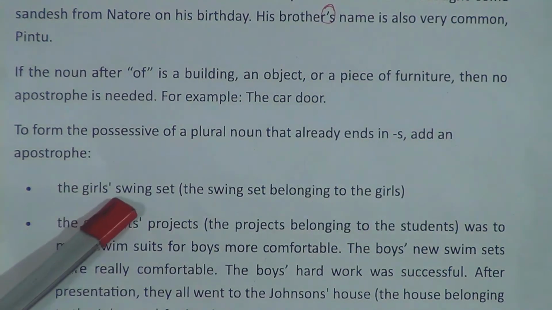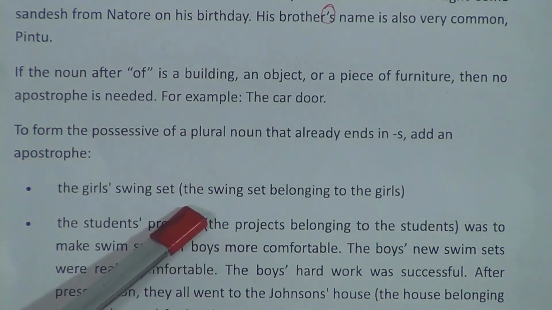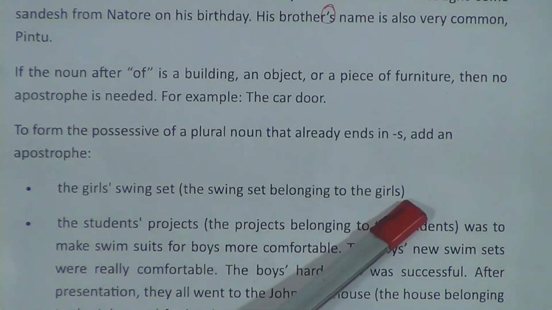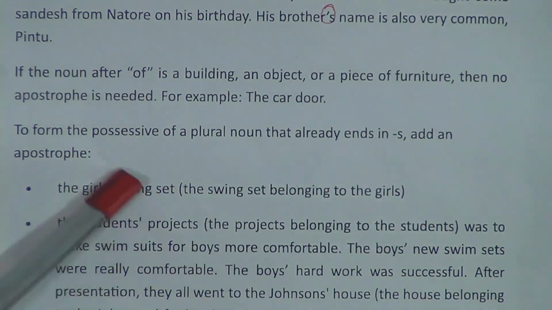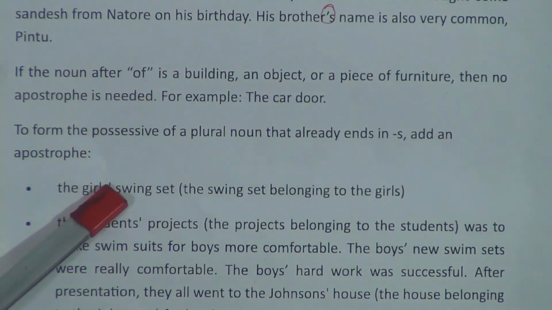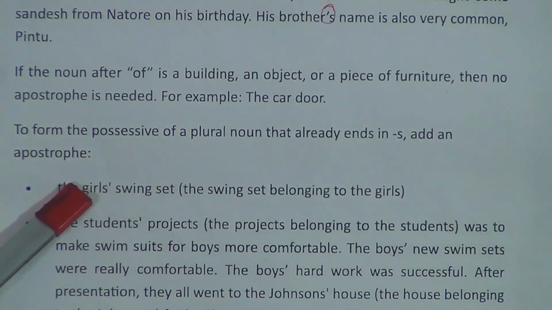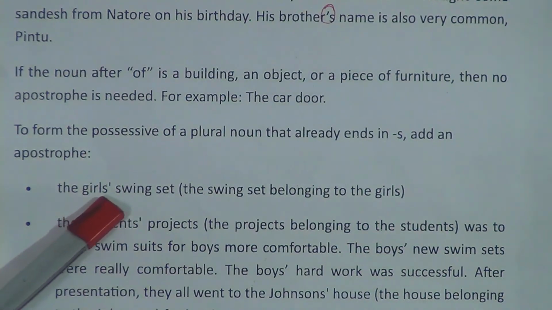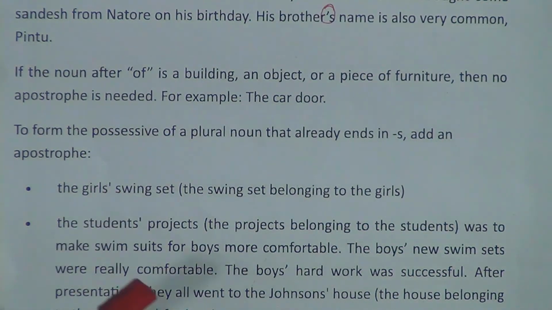Now look, the girls' swing net, that means the swing net belonging to the girls. The word girls is already plural and it ends with s. So if you want to form the possessive, you will put an apostrophe. You don't need to put an extra s at the end of the word because s is already there.